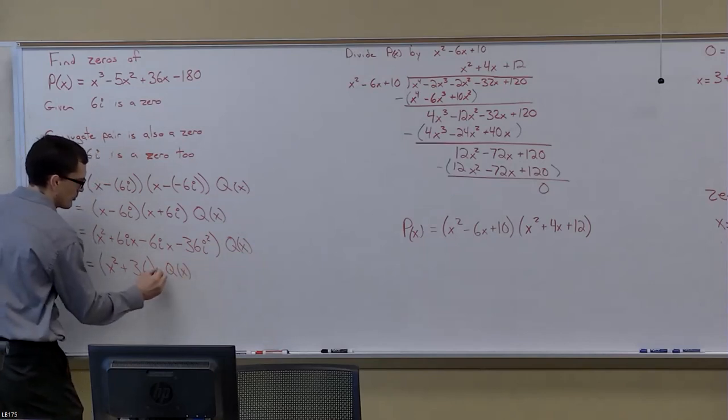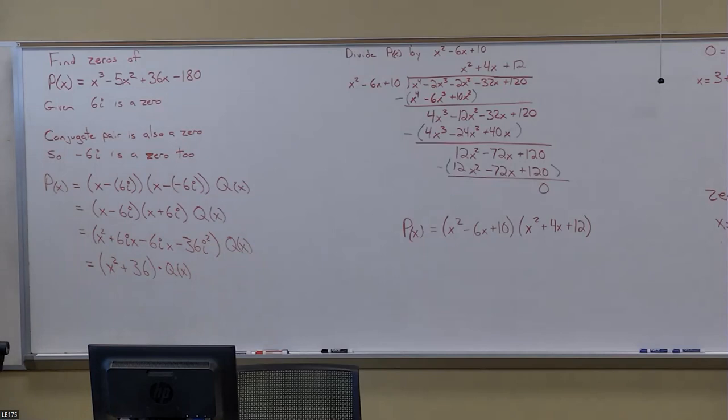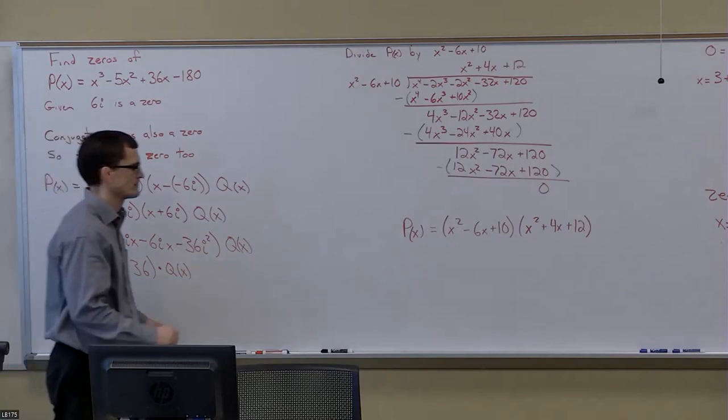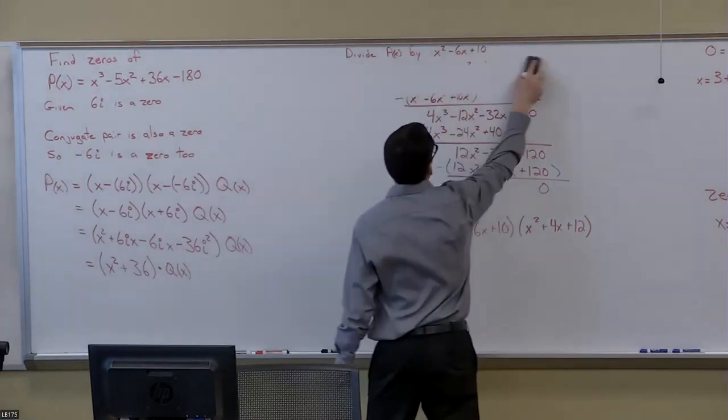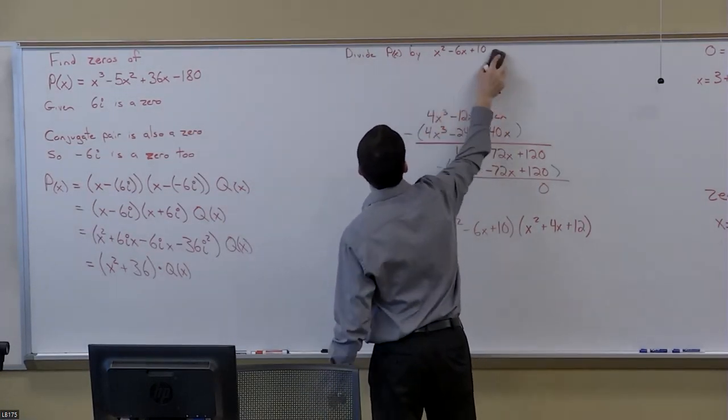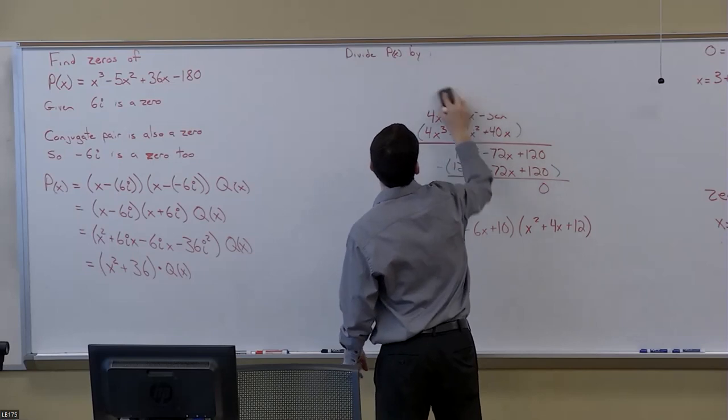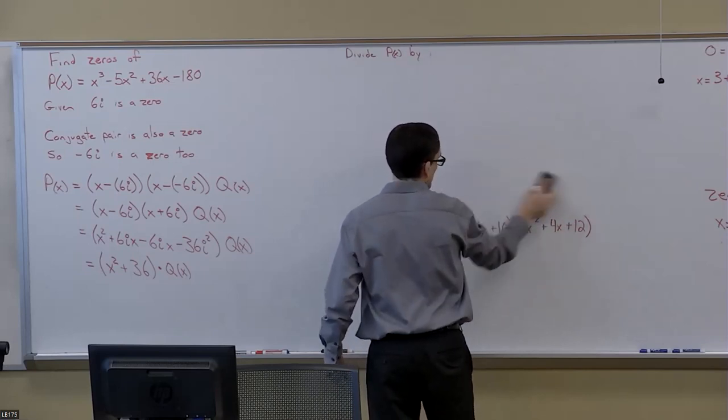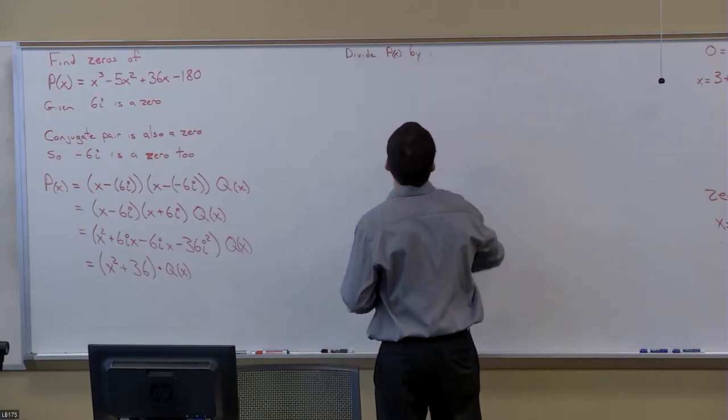So x squared plus 36 is what I'm going to use with my long division as the divisor.